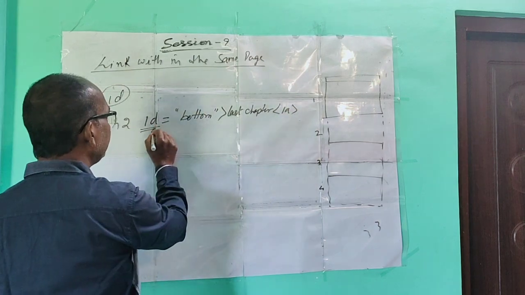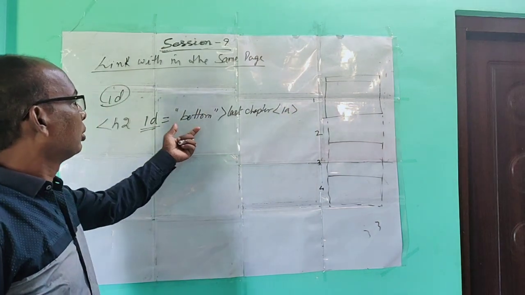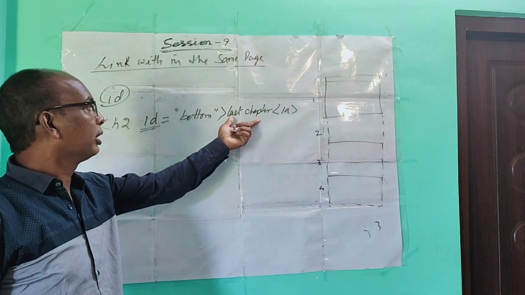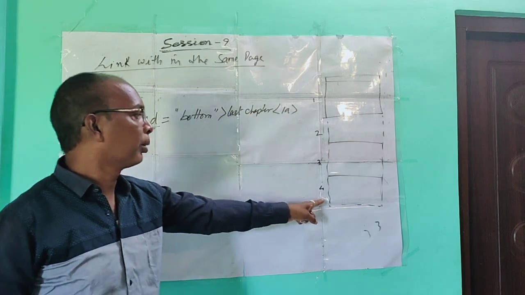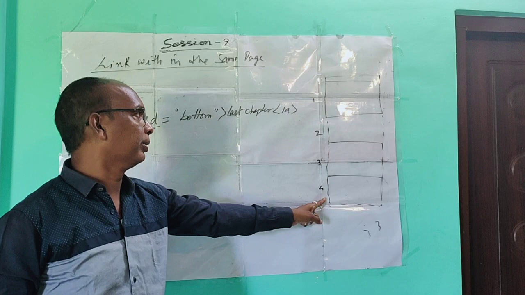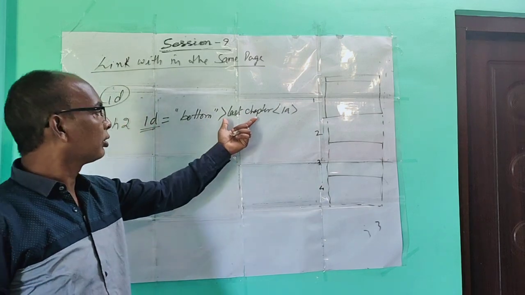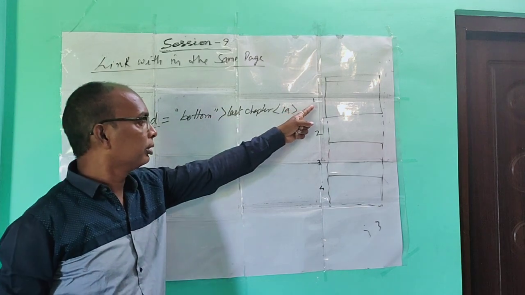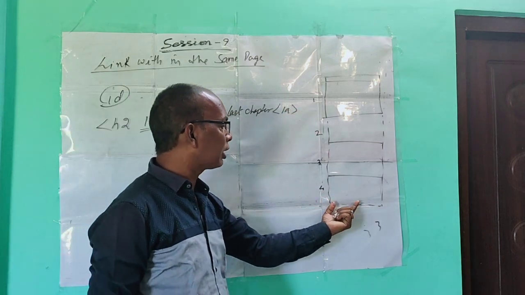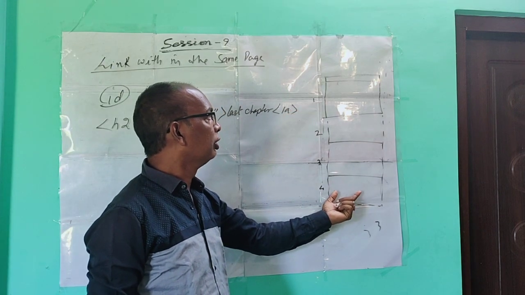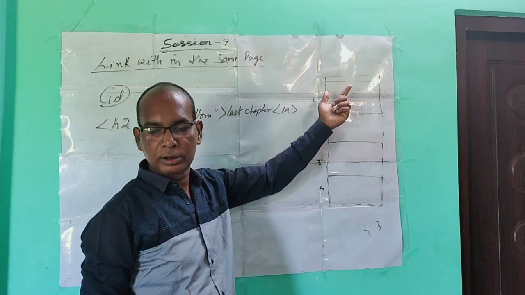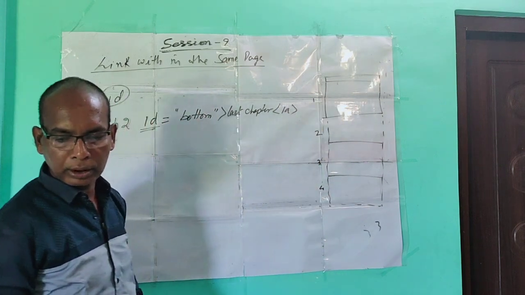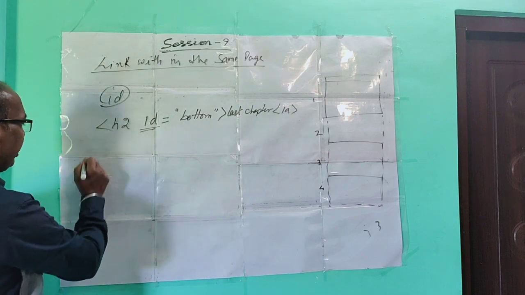So when you click on the last page, automatically it will come to the bottom of the page, that is the last page of your document. So when you click on the last page, automatically the fourth page, the last page, will display on your screen. Okay.